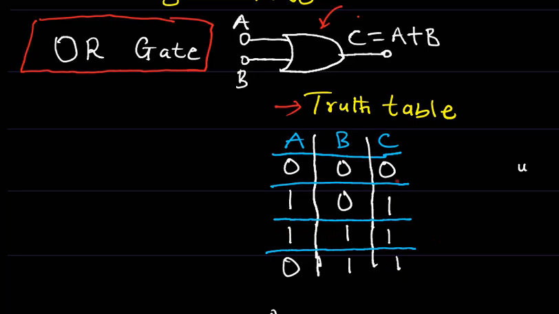So we only have one combination that will give us a low output. So please take note of that. So this is the OR gate, and this is the symbol. Take note of the symbol.